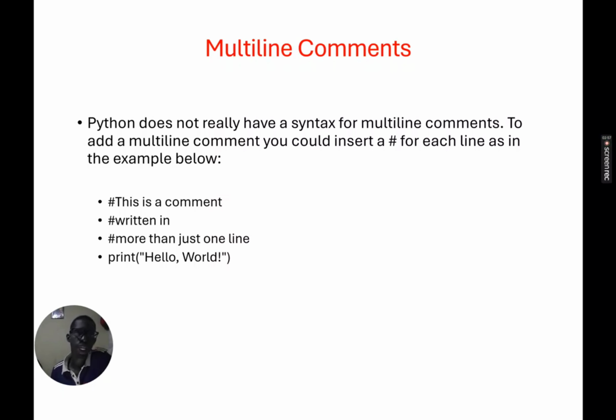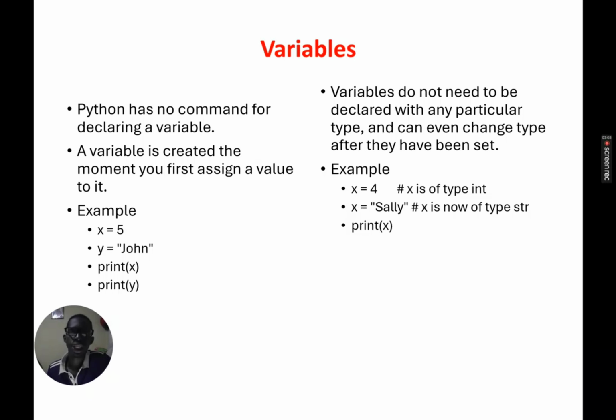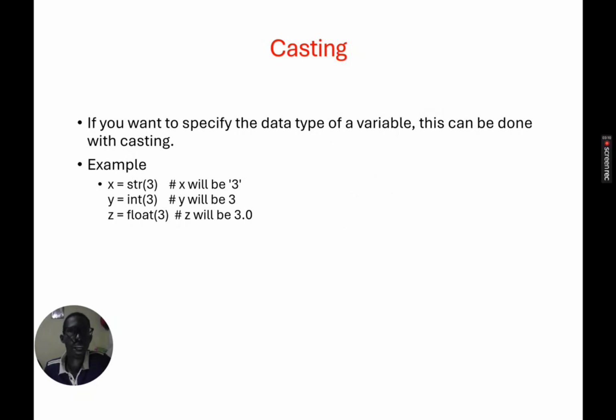So in Python, what we have when we want to comment is the hash. We are going to use it, and then variables. So I'm going to show you this in a practical guide, and then casting. So let me first of all dive into that.